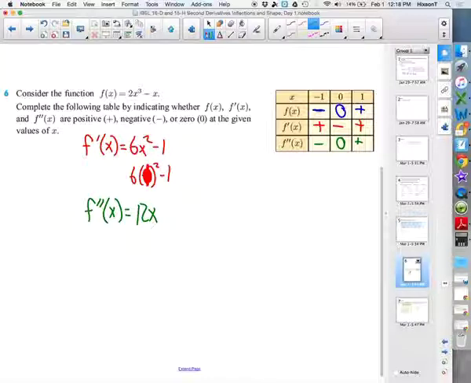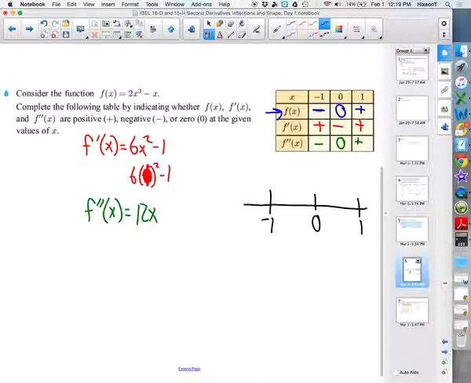Now understand what these three things tell us. This is important that you get into your heads. If you look at this like a big number line, we have -1, 0, and 1. These are not critical values or anything like that, but we see three different things.